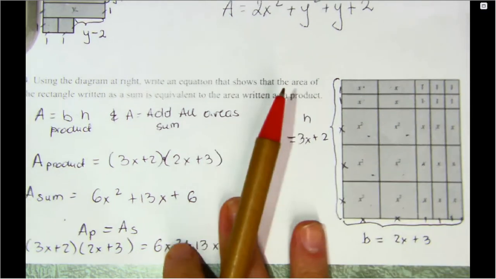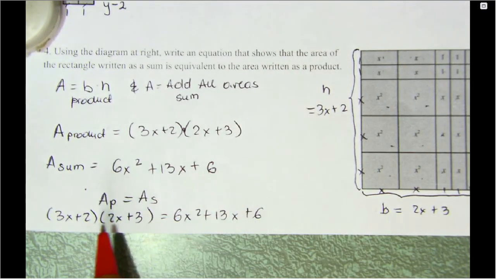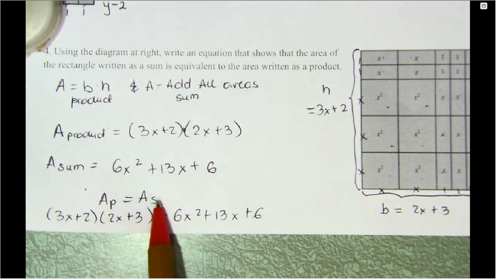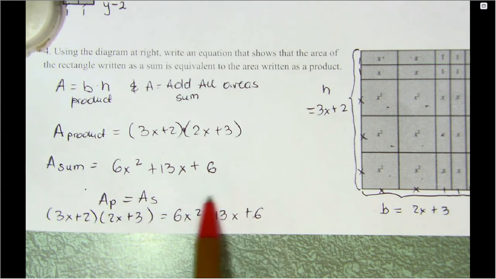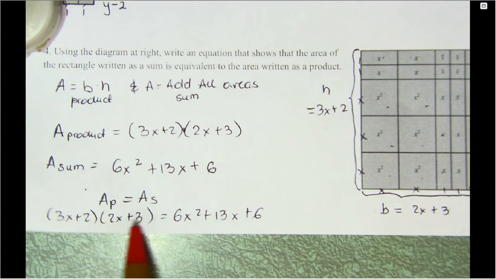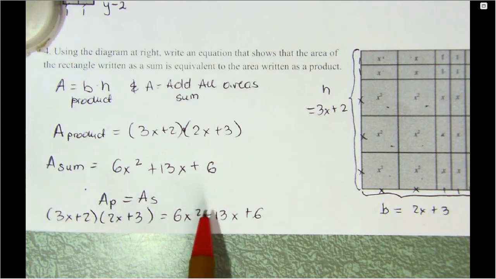Now writing this as area of product equals area of sum. Well, area of product is this, and it's got to equal the area of sum because that's still the same area. We're not going to do anything with this right now. We just want to rewrite it as a product and a sum.